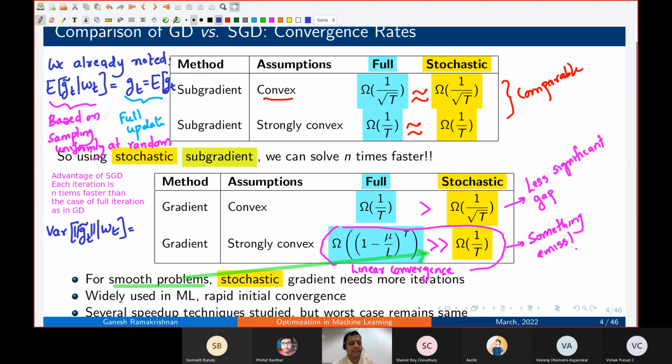So the expectations were matching, but what happens to the variance? I can't write an exact expression here, but qualitatively, you expect it to be high.